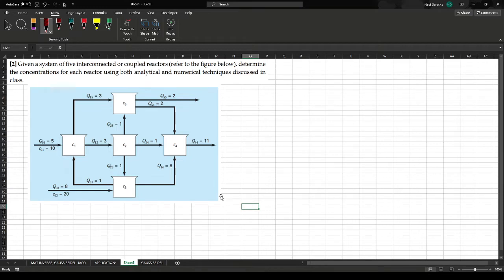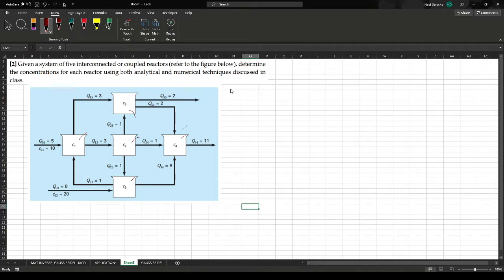has its concentrations. And since we have 5 reactors here, the following, we will create a governing equation, which is also 5.